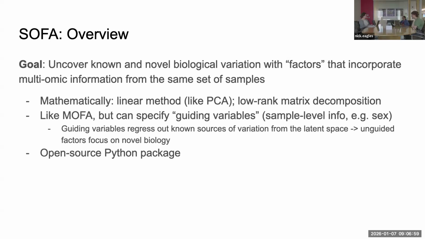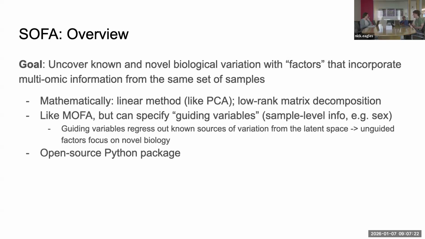Once you do that, that basically regresses out those known sources of variation, so that the unguided factors focus on novel biology that you weren't necessarily expecting. That's a way to guide the method to find things that are new versus already known.